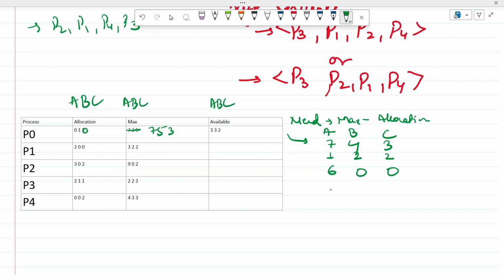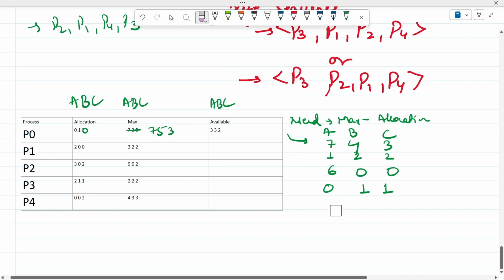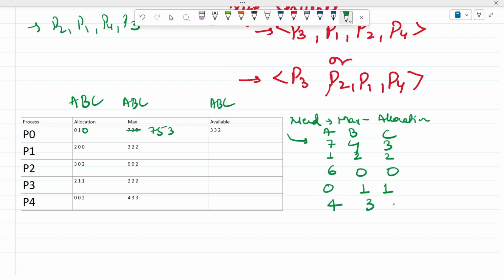For P3, 2 minus 2, 0 A needed, 2 minus 1, 1 B instance and 1 C instance as well. For P4, 4 minus 0, 4, 4 minus 0, 4. So 4 A needed, 3 B needed, and 1 C needed. So this is the need of each particular process.